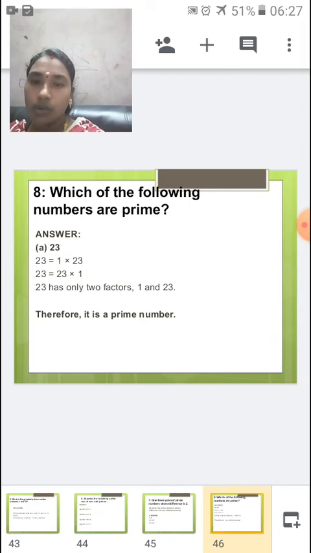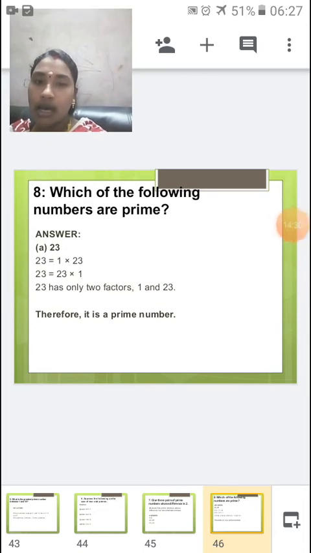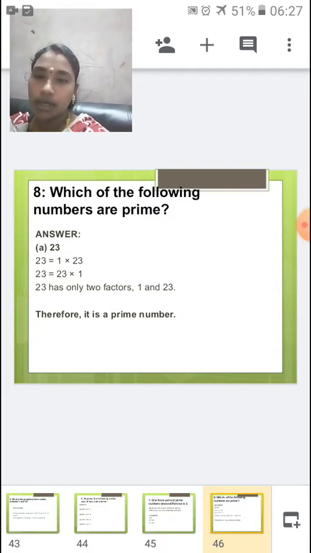Which of the following numbers are prime? The first number they have given is 23. We have to find whether 23 is a prime number or not. As you know, 23 is a prime number. Why?